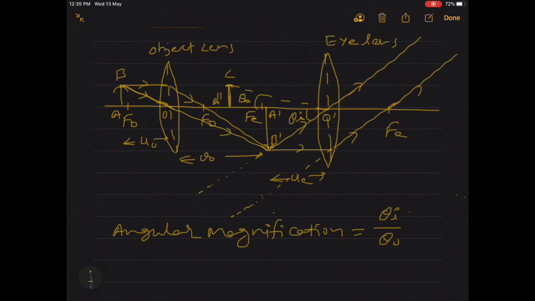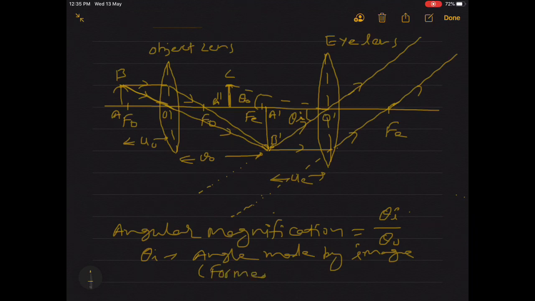So what is theta I here? Theta I is the angle made by image. Where the image is formed?